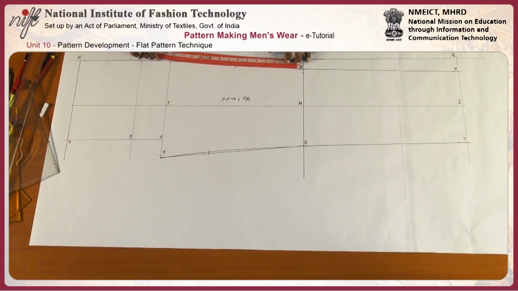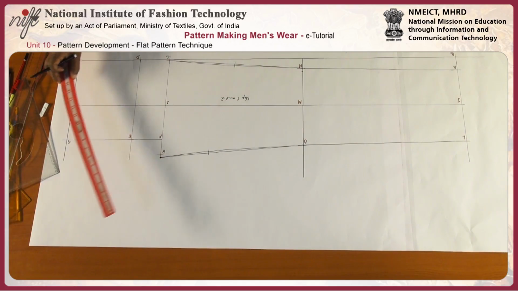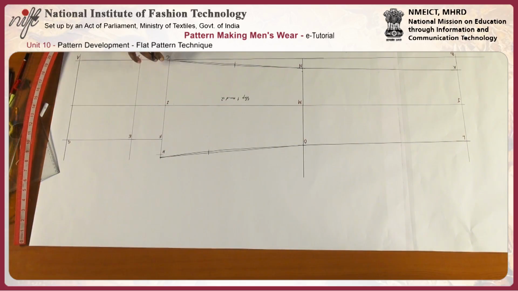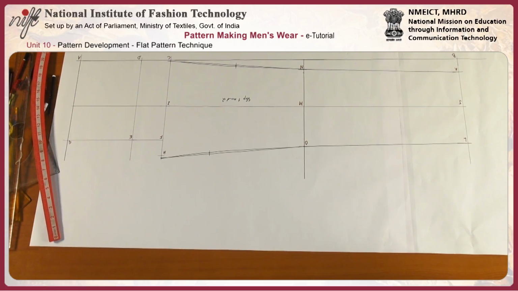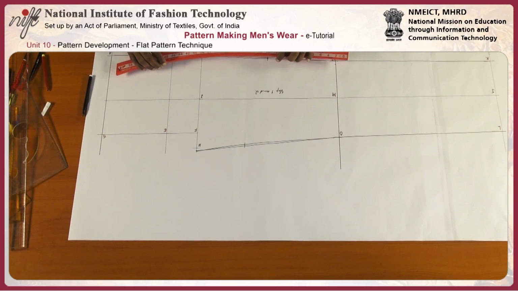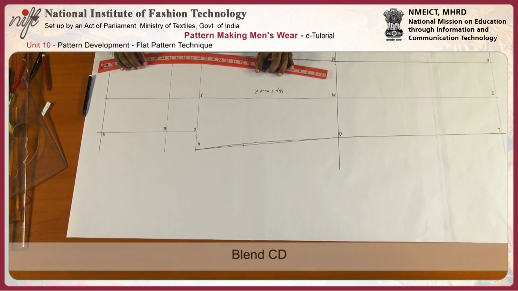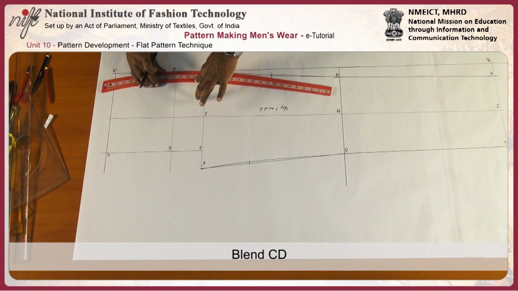You just need to follow the way I place the hip curve and blend the marks already marked. Now this C is to be blended at point D.